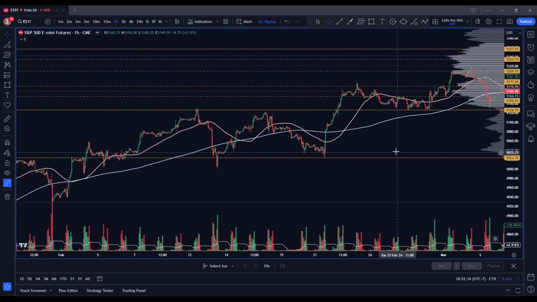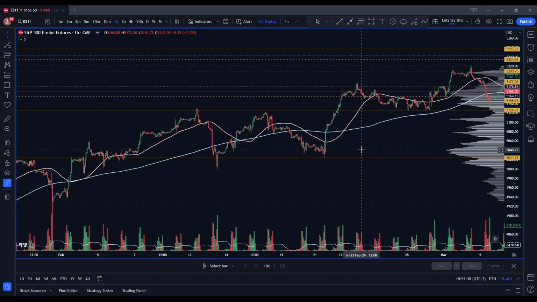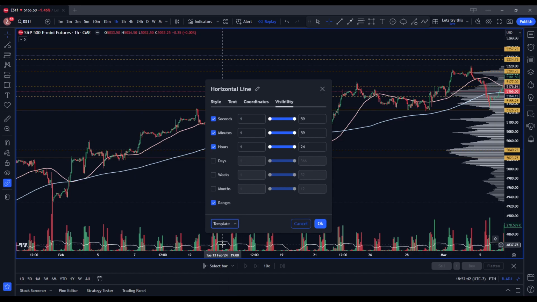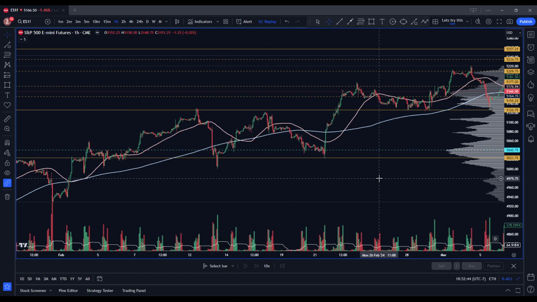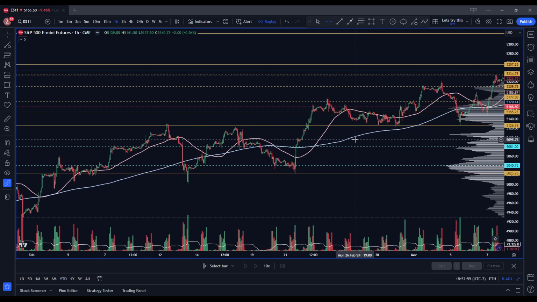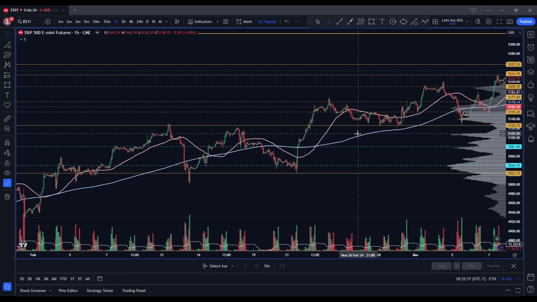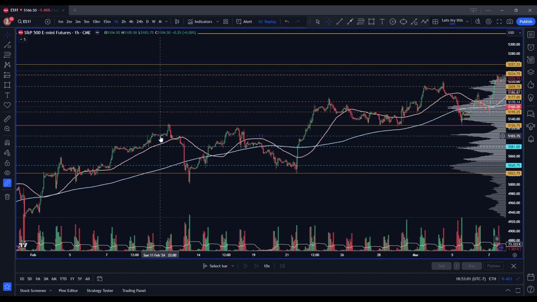So let's start back from here and plot some of these areas. So we clearly have an SR level here. Let me just switch this to the 1 hour. Right, we have touches back here, here, here.